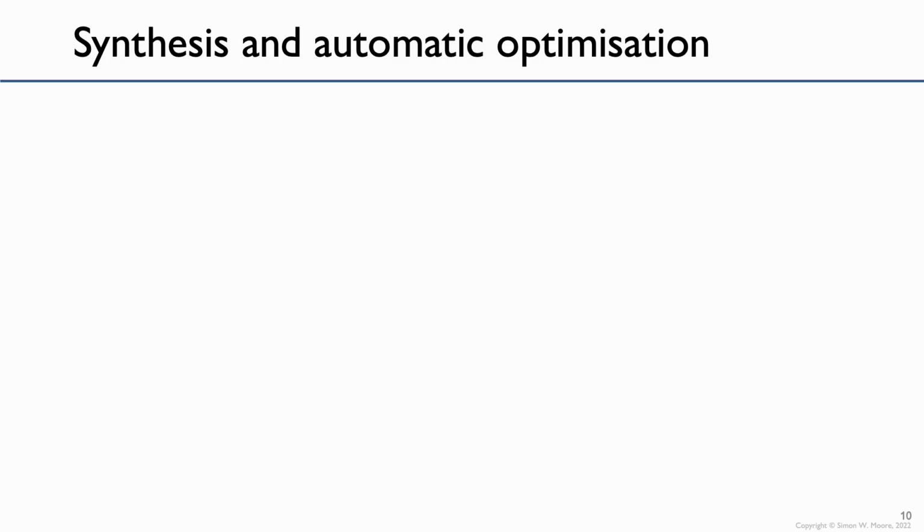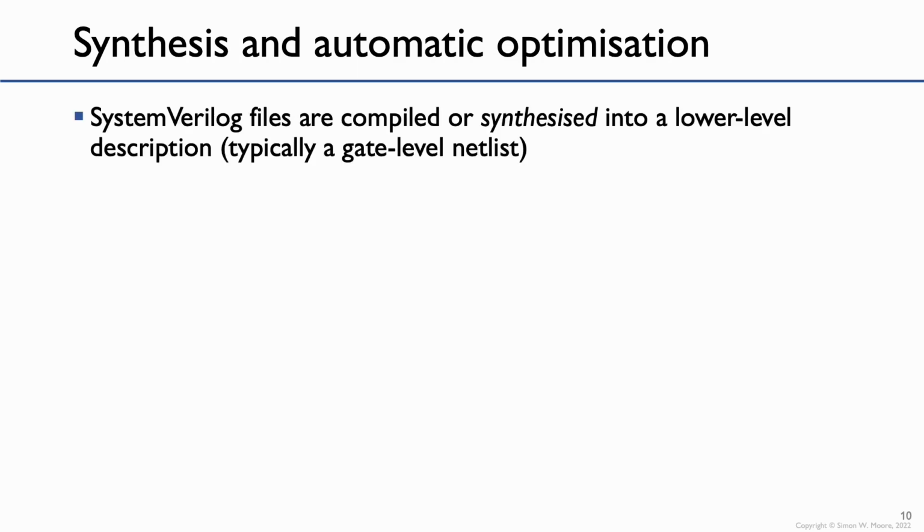During synthesis, we also do automatic optimization. So the Verilog files are compiled or synthesized into that low-level description, typically a gate-level netlist, and then a number of optimizations are performed. So we first typically do Boolean optimization, just as you would have done by hand, but using slightly more sophisticated algorithms.